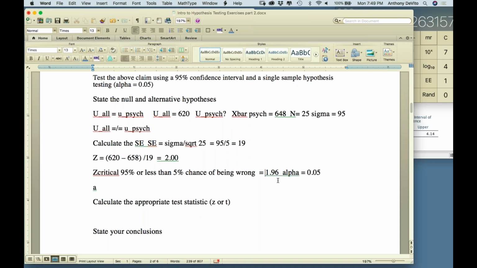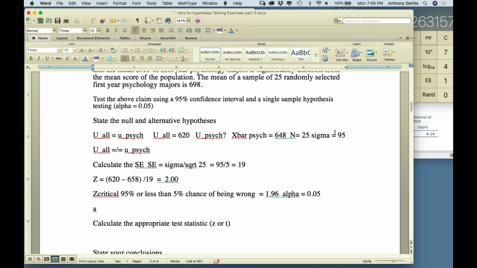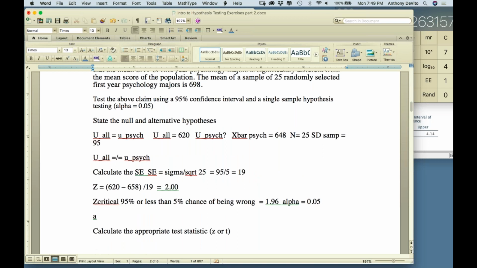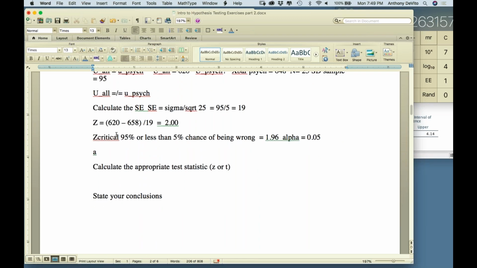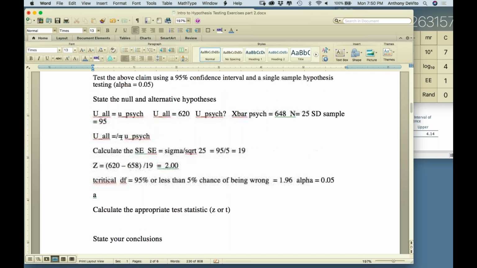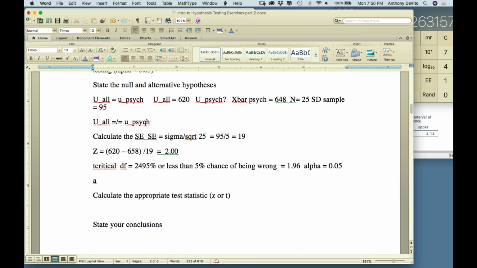Okay, so now let's assume that that 95 was not sigma, but it was the standard deviation of my sample, and it's a small sample. So now I can't use Z for my critical value. I have to use T critical, right? And I have to use T critical for how many degrees of freedom? Right, that was a sample of 25, so degrees of freedom equals 24.